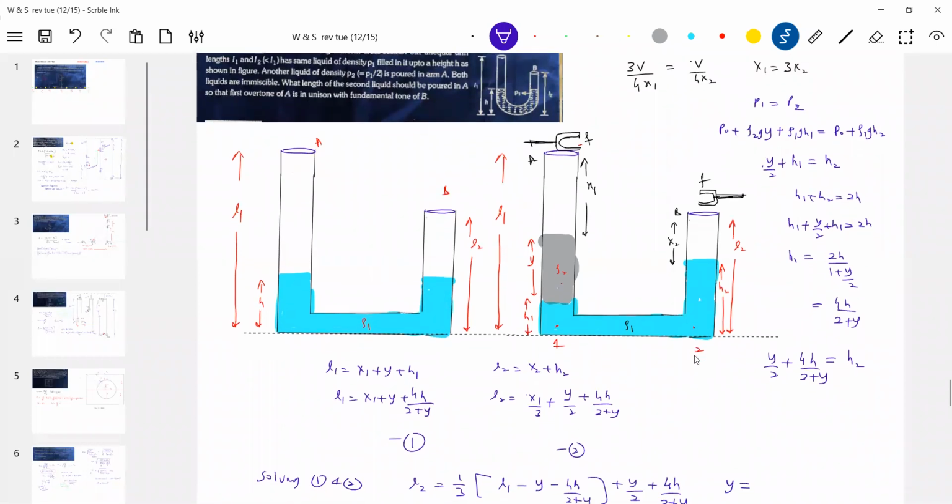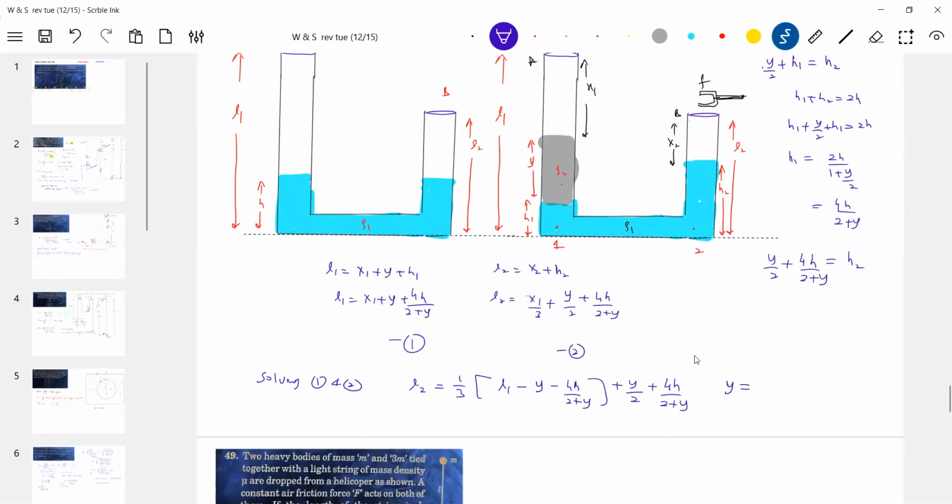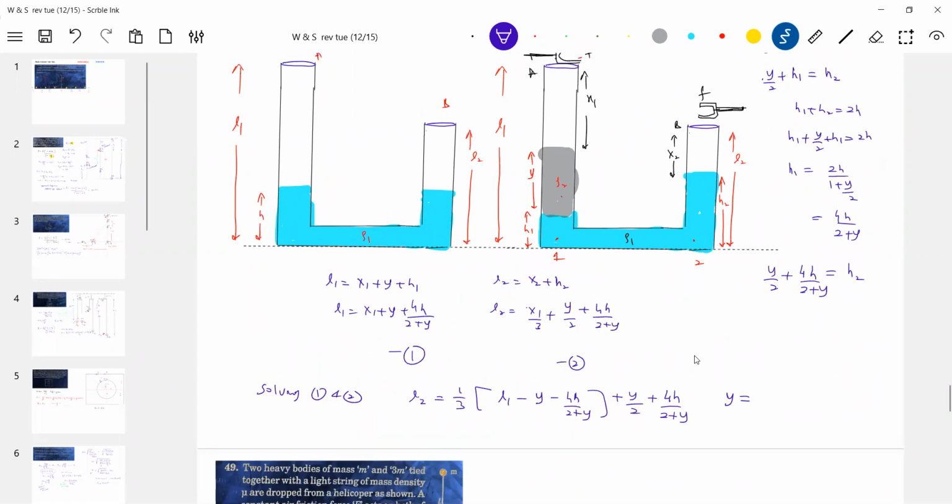I think quadratic in y will come, no? L2, L1 by 3 minus y by 3, y by 2. We can't avoid the quadratic.